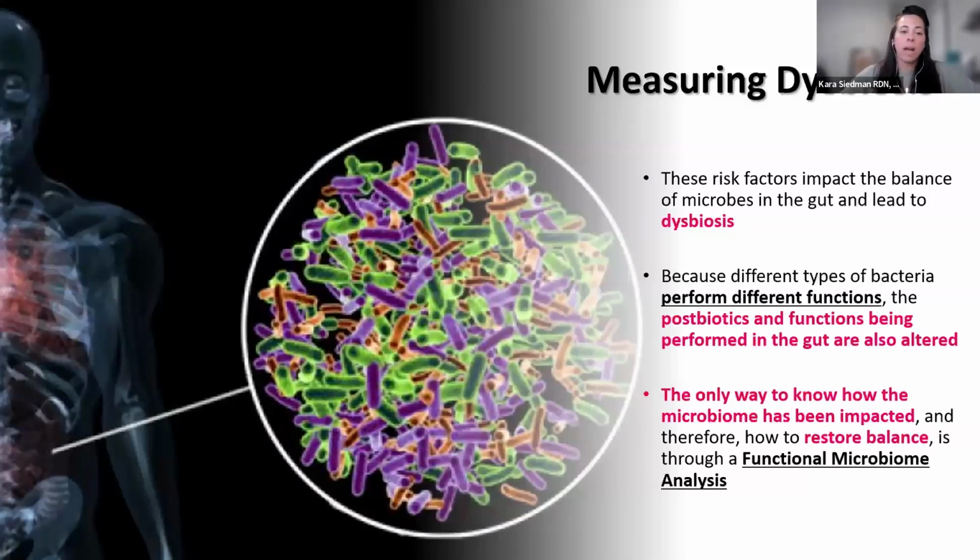And more so, how can we work on improving the foundation to even prevent certain conditions from occurring in the first place. So a functional microbiome analysis provides that insight and information to better direct our care plans on how to restore that balance, build that resiliency and rebuild our foundation.